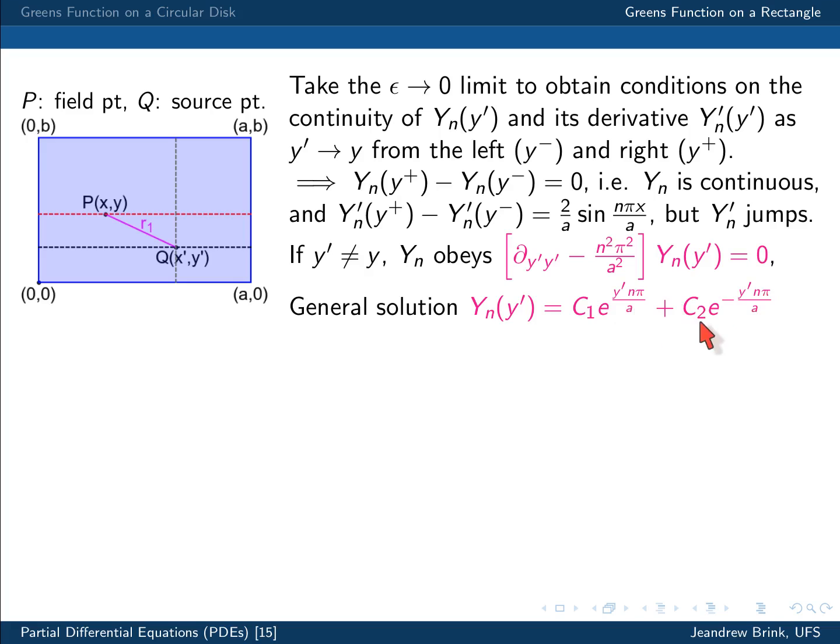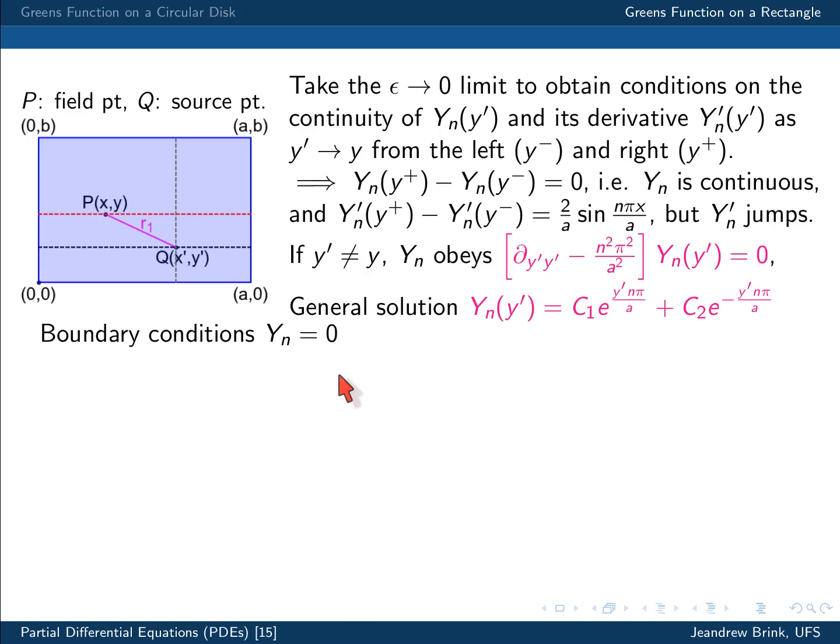Okay, so we can write our function down like that, but now we don't want the general function. We want the function that obeys not only the boundary conditions, but also the conditions of continuity at y prime equal to y in the function, but possibly with a discontinuity in the functional derivative.